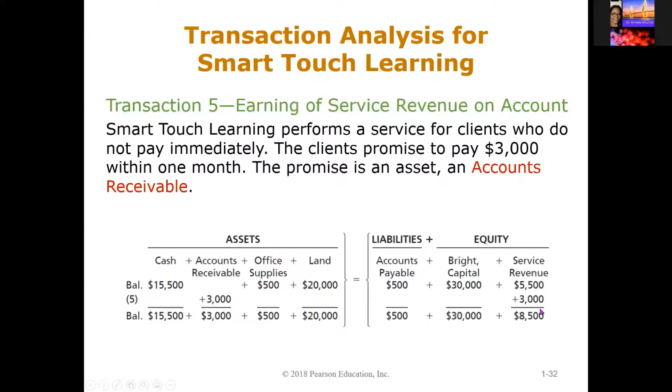The revenue is earned because Smart Touch Learning has performed the service. So notice that the term on account can be used to represent accounts receivable if cash will be received in the future, or accounts payable if cash will be paid in the future.